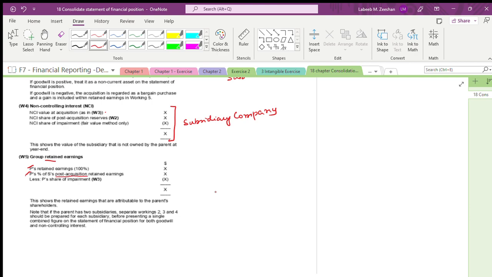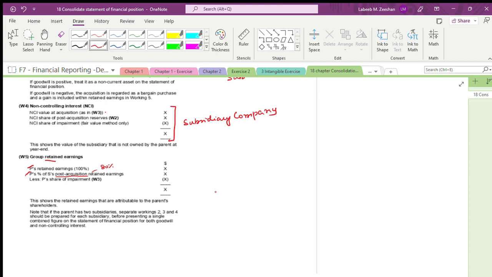If you have taken an 80% stake in the equity, then the parent company will take 80% of the post-acquisition profits, not pre-acquisition. As simple as that. Whatever future business you do with the subsidiary, you can claim 80% of the profits, and the 20% will go to the non-controlling interest.